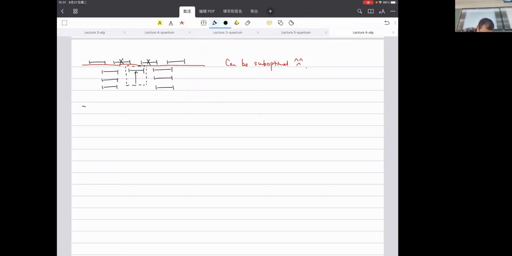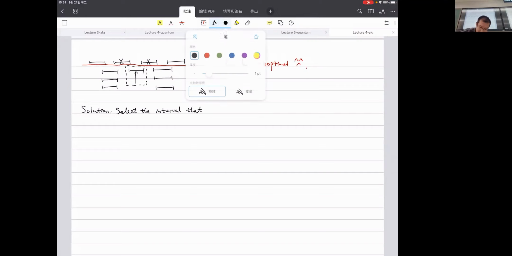So let's talk about a strategy. We select the interval that, what? This is the time that we reveal the answer, and the answer is only 2 words: that finishes first.